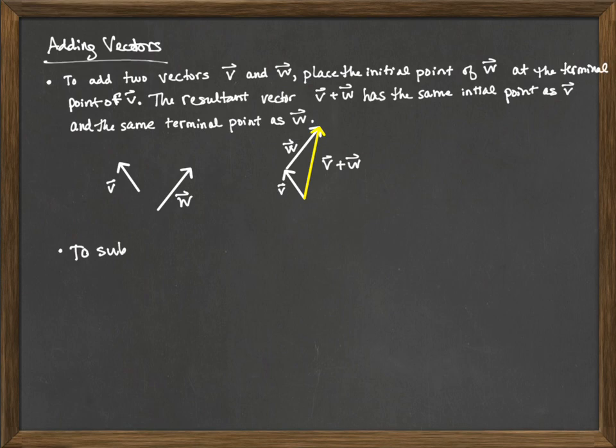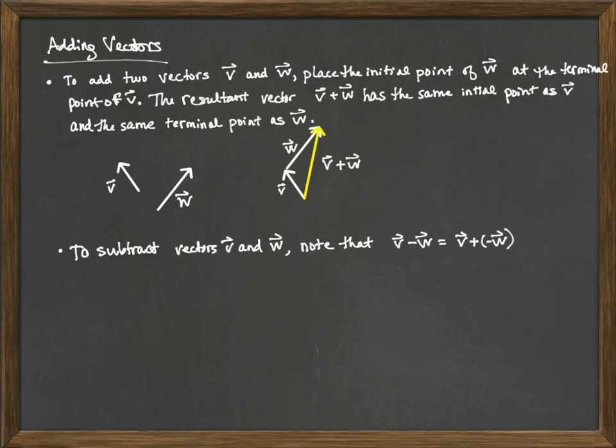To subtract vectors v and w, note that v minus w is actually the same thing, of course, as v plus negative w. Makes sense, right?